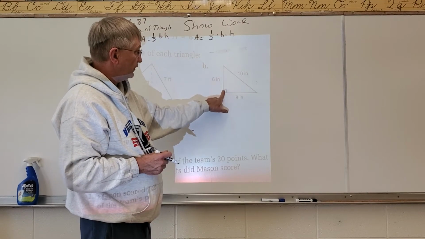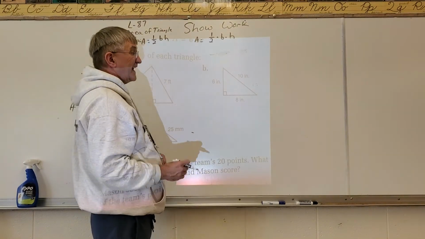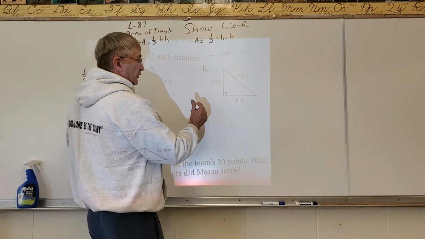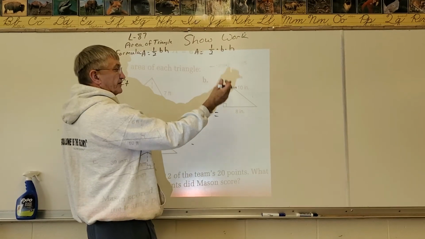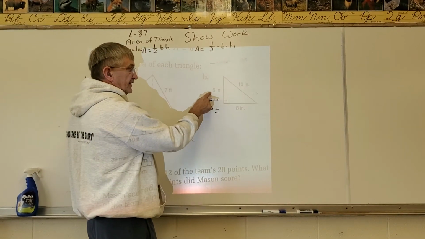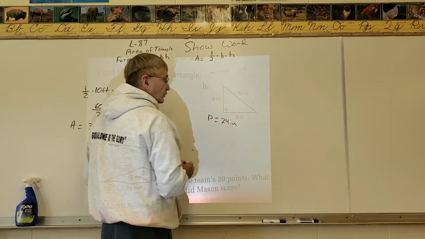Well, the 6 inches. So it is a line, it exists. So let's just do this and figure the area and the perimeter on this one. First off the perimeter, which means add up all the sides. So we have 10 plus 6 is 16. 16 and 8 is 24. So we have a perimeter of 24 inches.